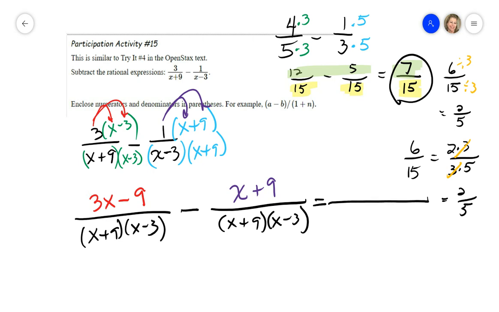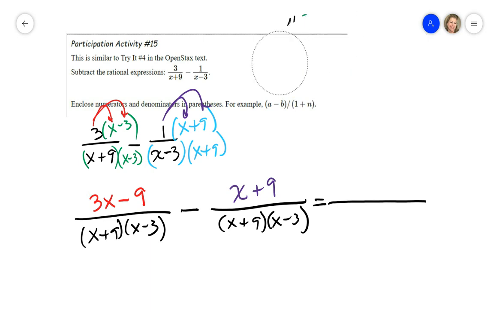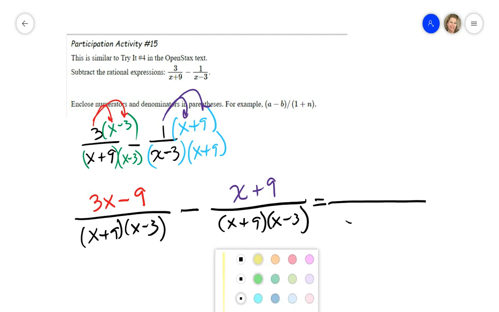So over here, let me erase all this. I'm going to subtract the numerators. So let's see, I'm going to take this 3x minus an x, and that's going to give me 2x.